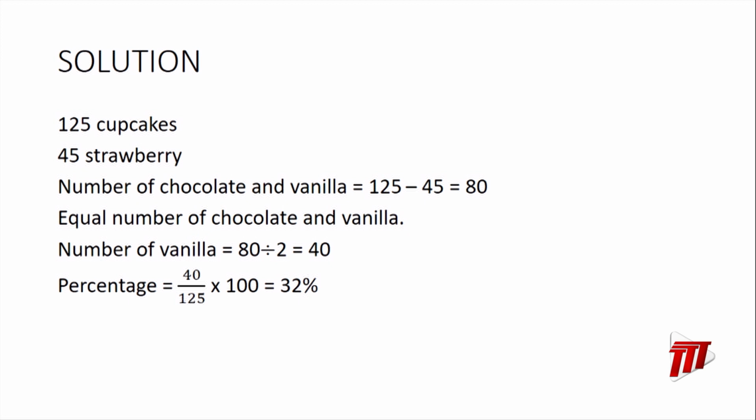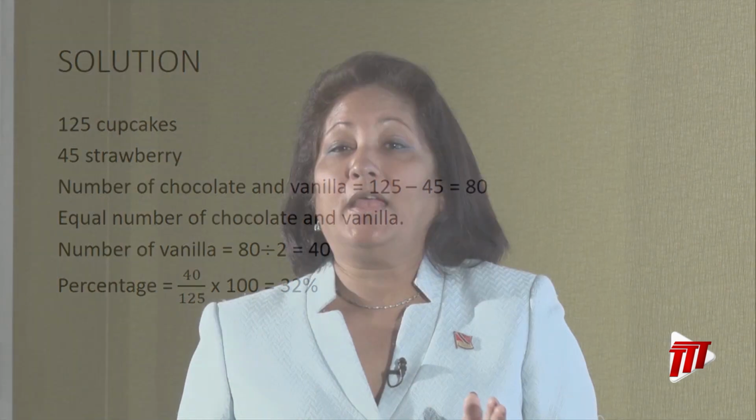So I have taken away the 45 and I've gotten 80. So I have 80 chocolate and vanilla. Remember, you are told that the number of vanilla and chocolate were the same. So if they are the same, it means that we are dividing those 80 cupcakes into 2 equal parts.